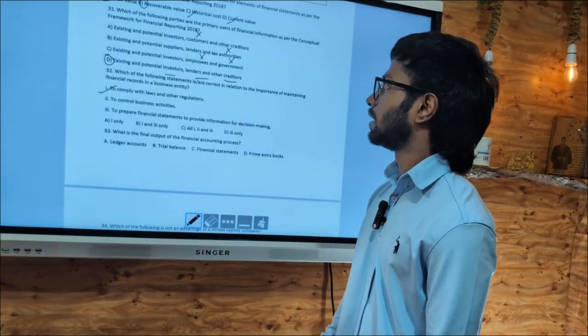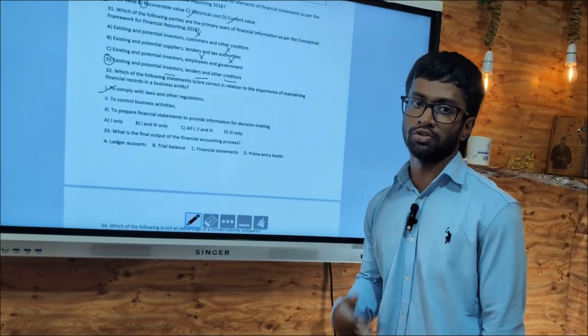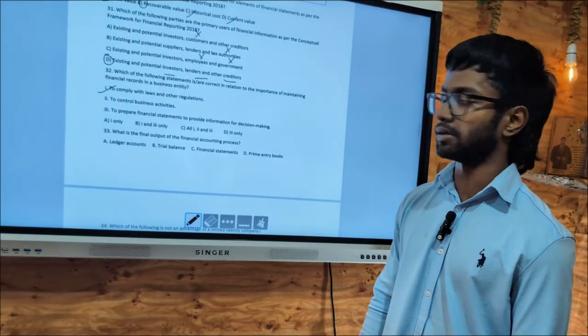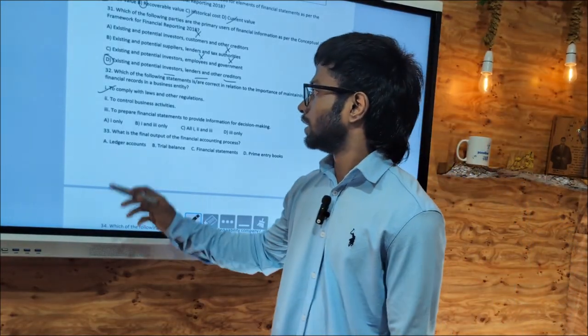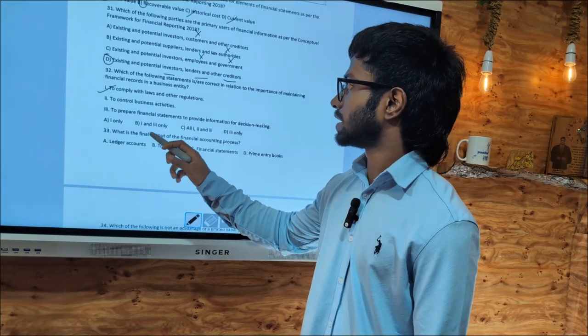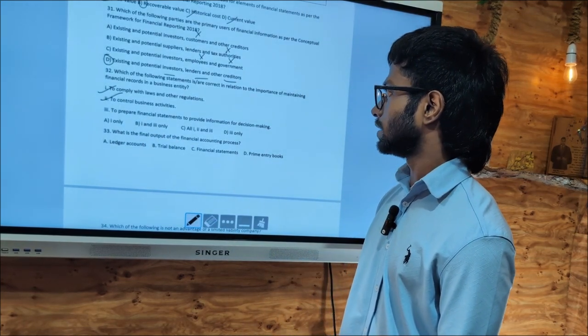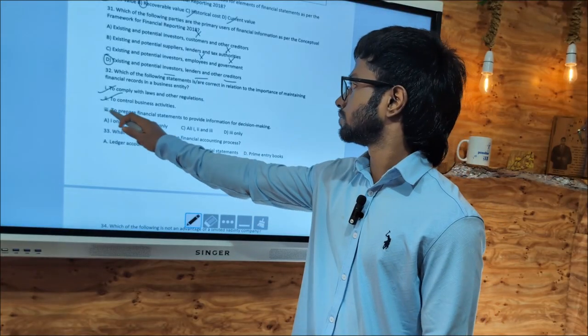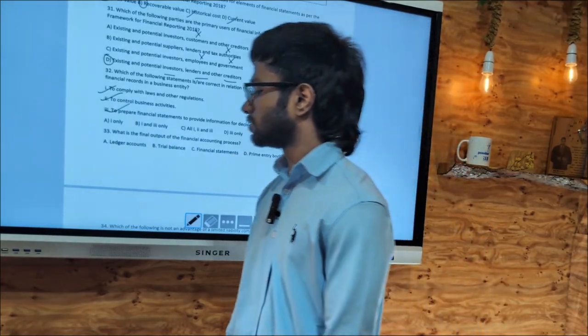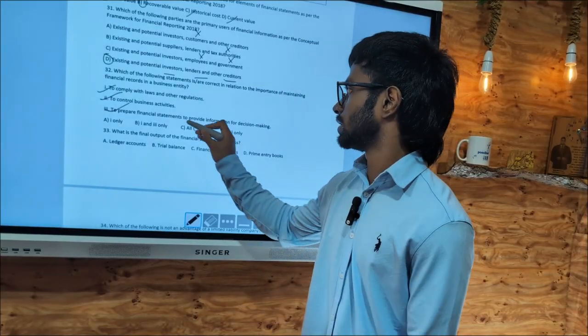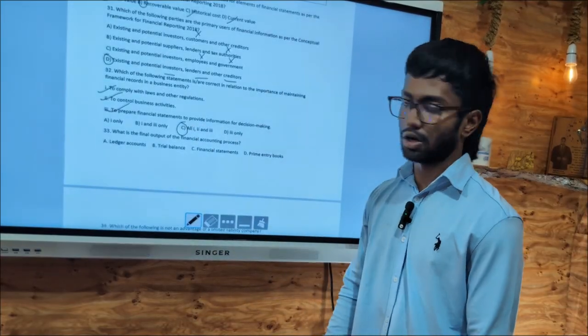So when we are maintaining records, we should comply with the relevant laws and regulations that have been implemented. It will help us to control business activities. That is also true. To prepare financial statements to provide information for decision making. That is also true. No? So here 32 should be answer number C. All three are correct.